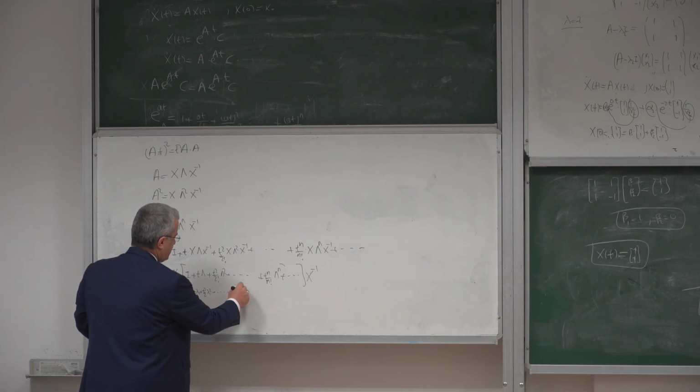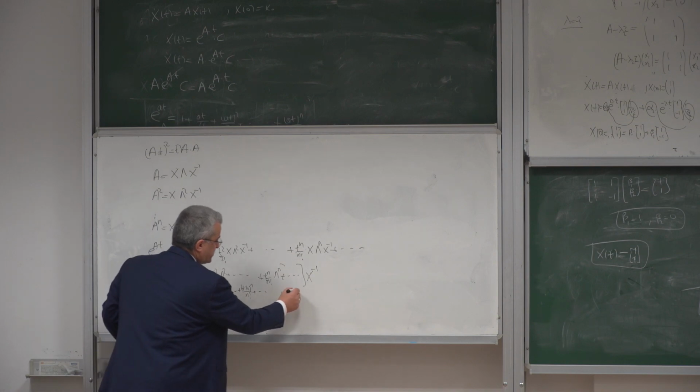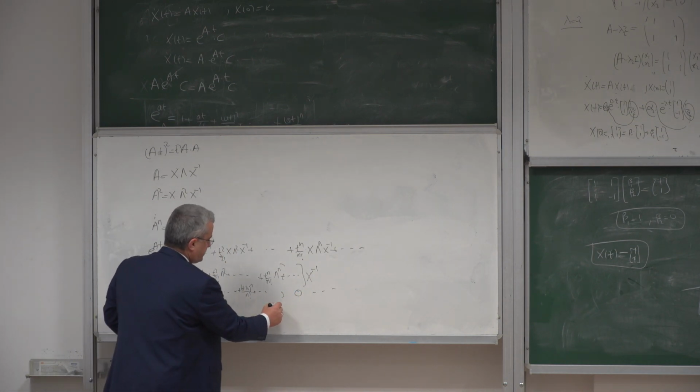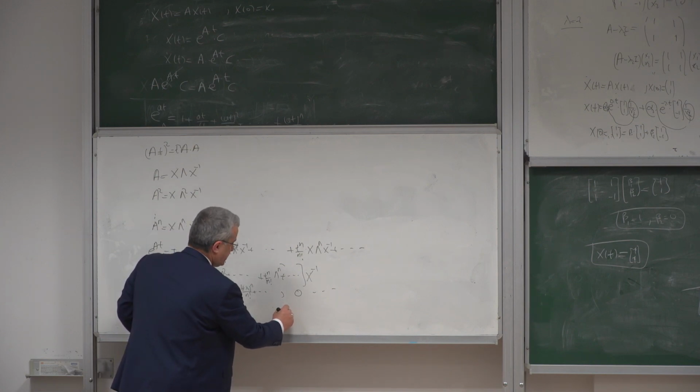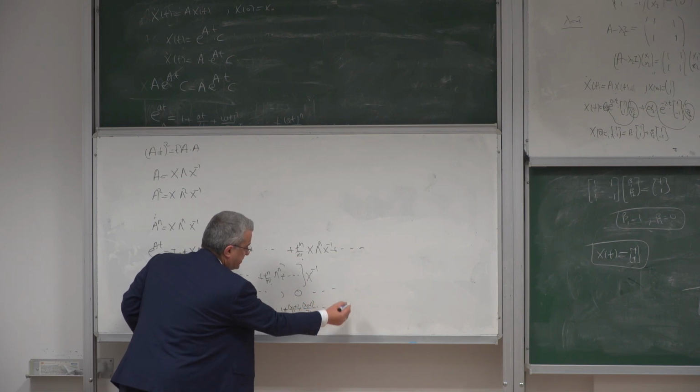All the way T lambda 1 to the power n over n factorial, and then next term is 0, like this is 0. What is the second term here? 1 plus lambda 2 T over 1 factorial plus lambda 2 T squared over 2 factorial, etc.